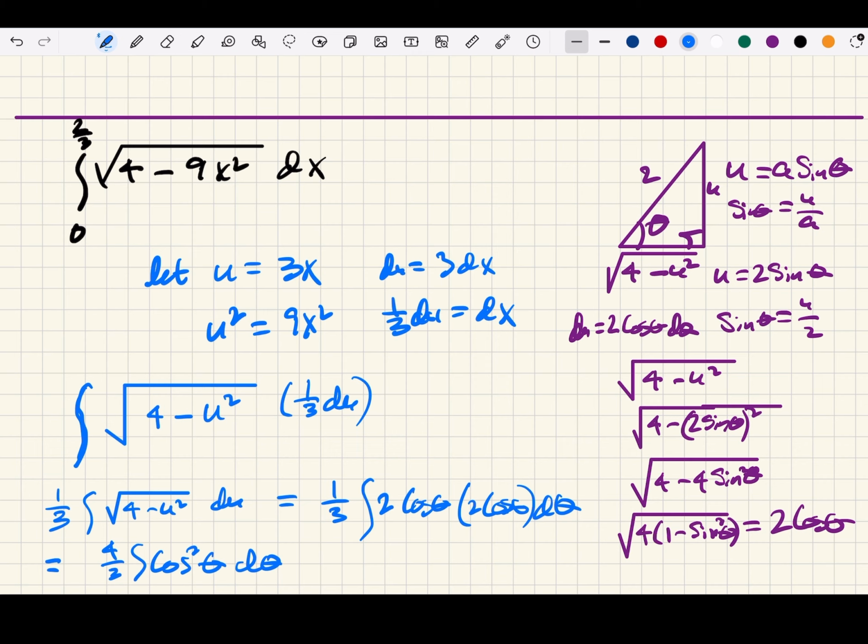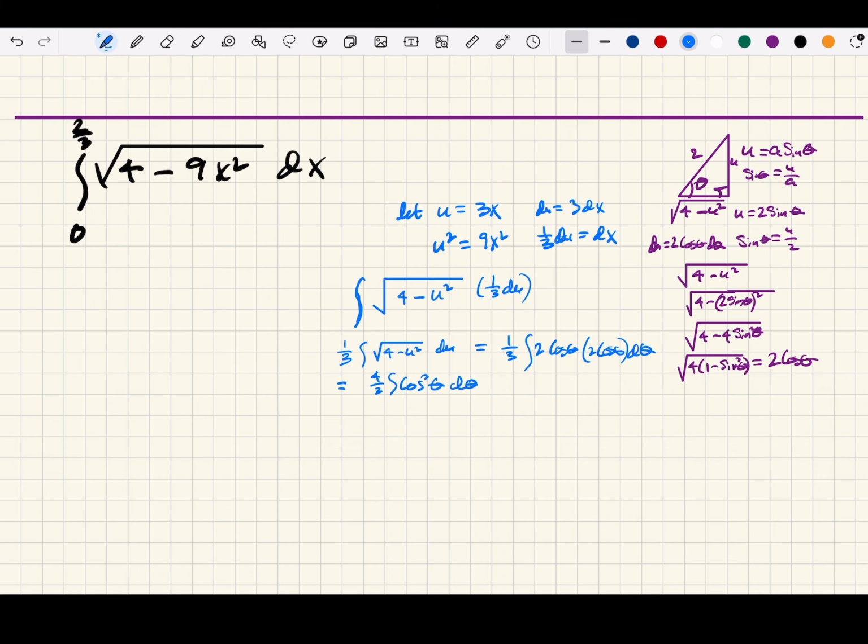Okay, well, let's work with that. We have cosine square theta. What am I going to do? Got an even number of cosines, right? So I think half angle, isn't it? So I've got 4/3 integral 1 plus cosine 2 theta over 2 d theta.